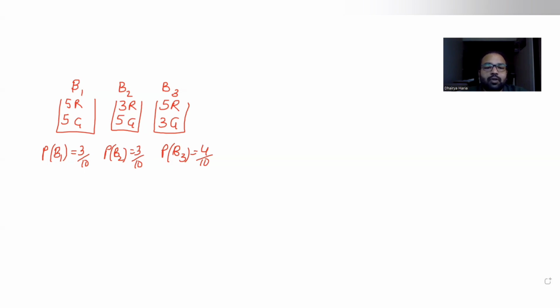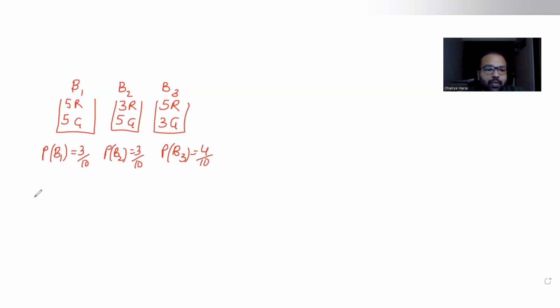First option says probability that the chosen ball is green given that the selected bag is B3 equals 3 by 8. So we have been told that the bag selected was B3, and in that if you select a green ball, that probability comes out to be 3 by 8.